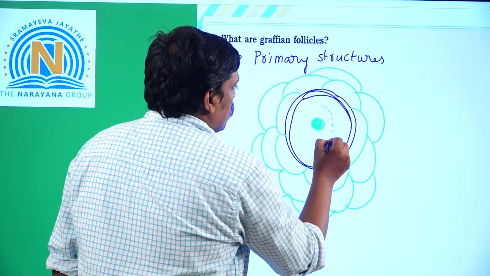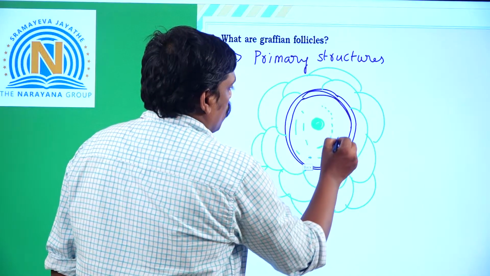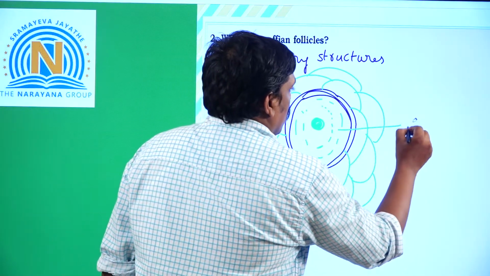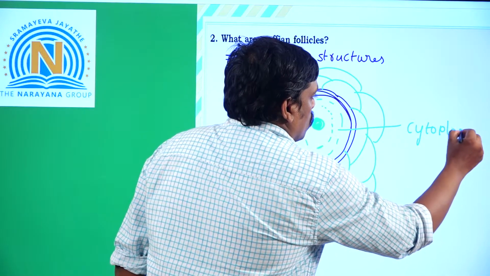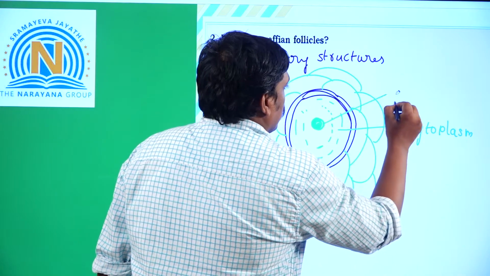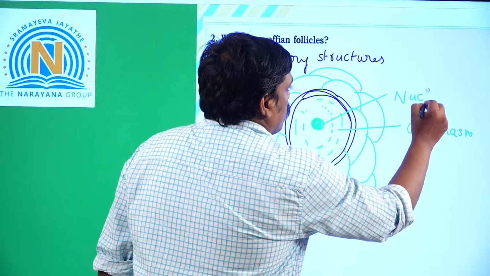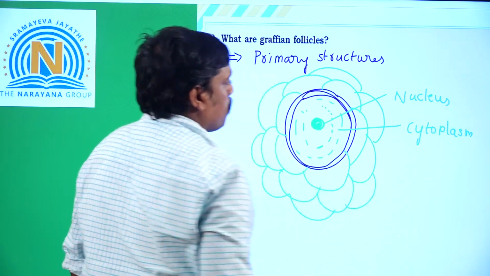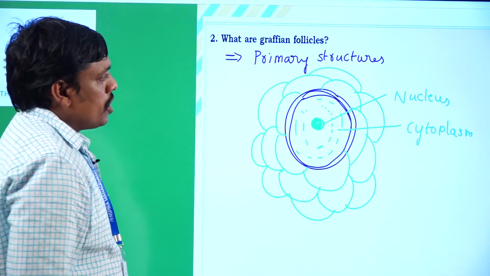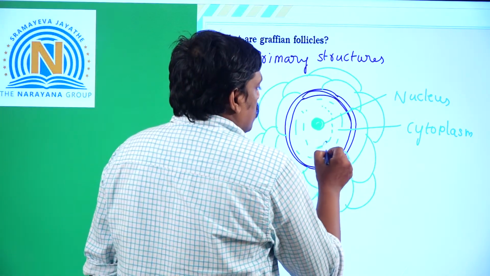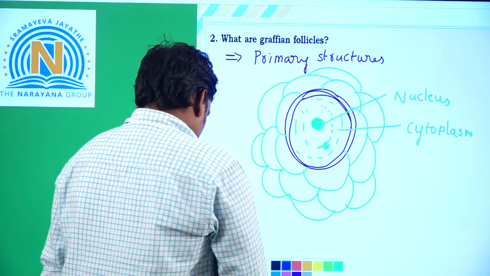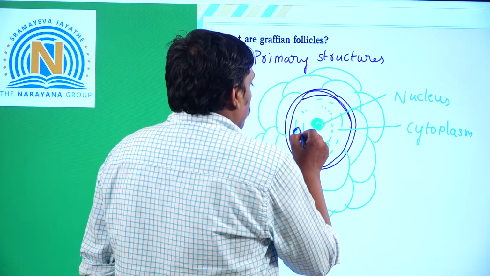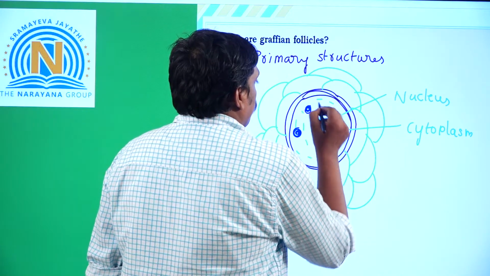Around the nucleus, a fluid-filled portion is present called the cytoplasm. Here in this follicle, undeveloped primitive structures are seen.